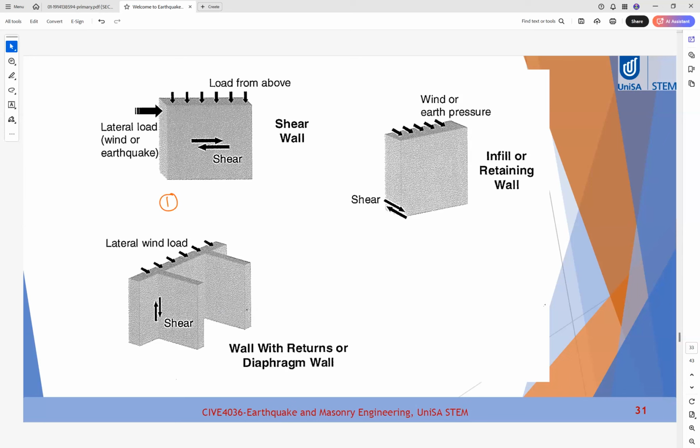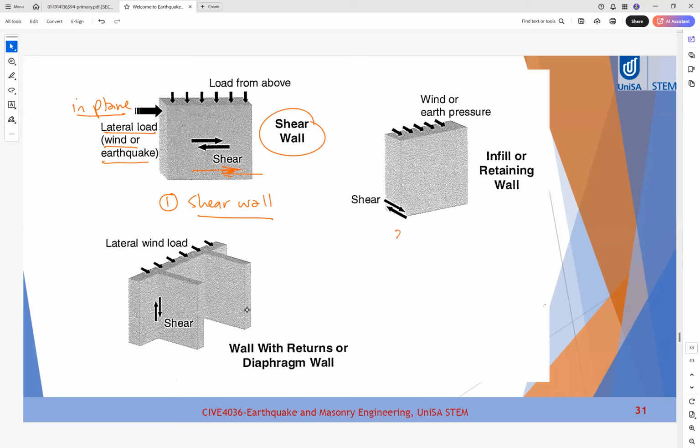So this case is a shear wall case, similar to the ones you designed in the first project. If lateral wind or earthquake loads act in the plane of the wall, the wall will have shear in this direction, which is parallel to the wall, and this wall is called a shear wall.